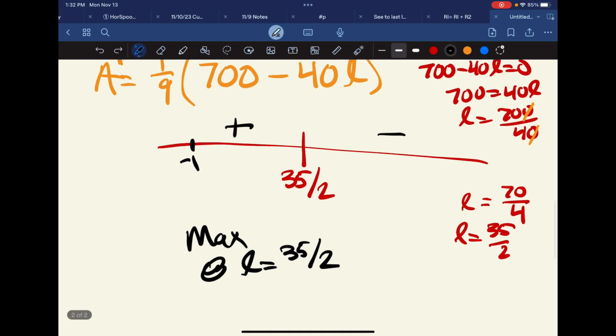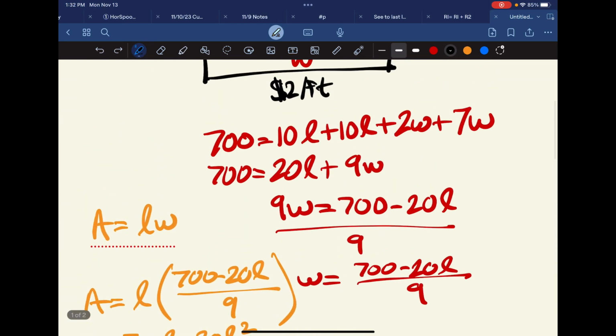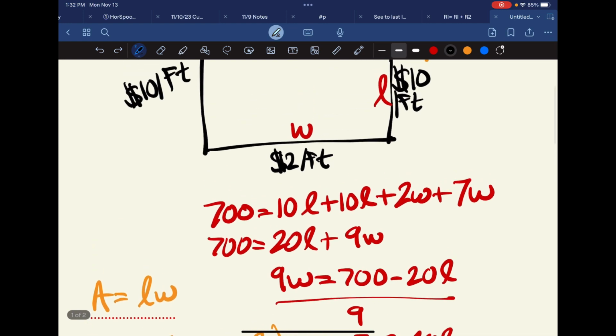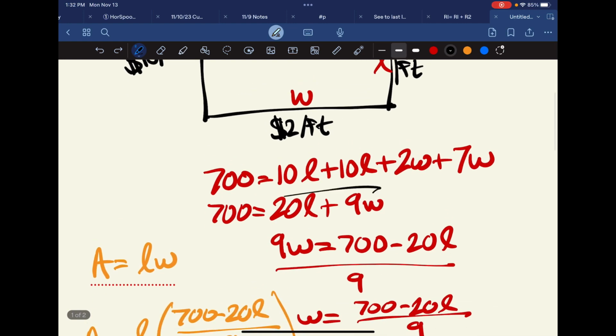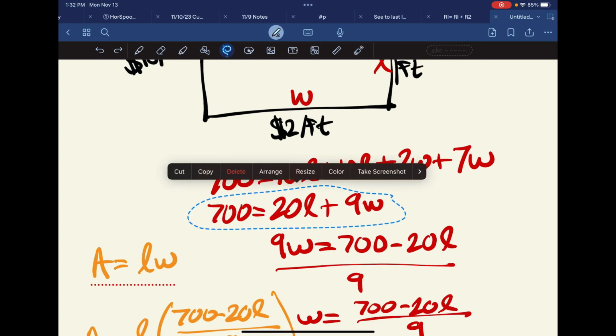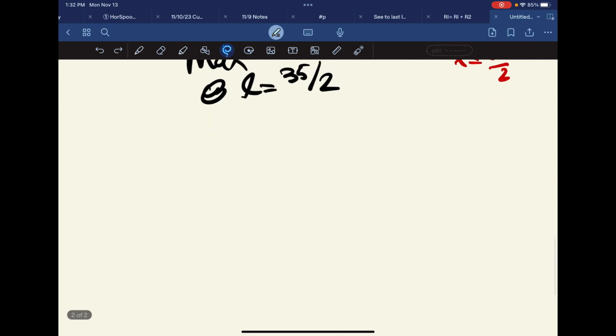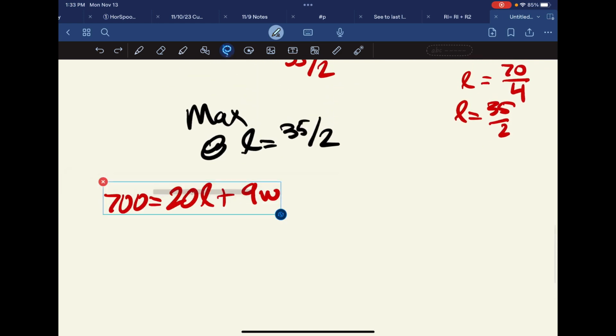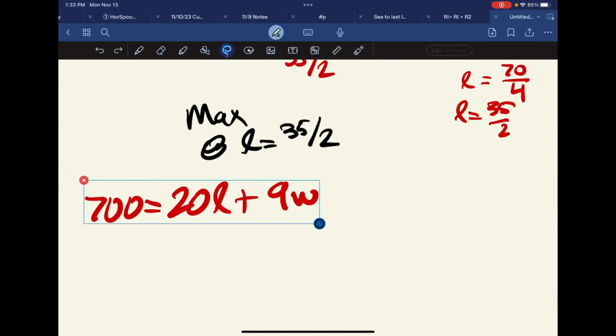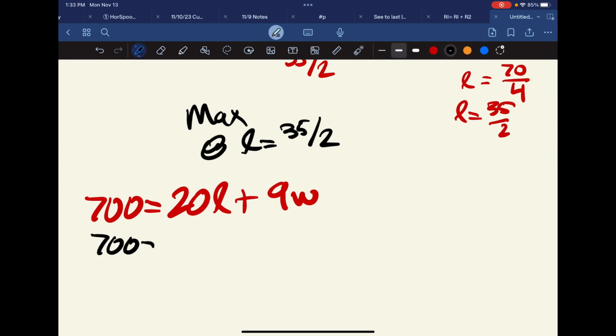So then we would go ahead and plug this back into our perimeter function, right? So let's go ahead and grab this. And so we're going to plug in, it's going to be 700 equals 20 times 35 halves plus 9W.